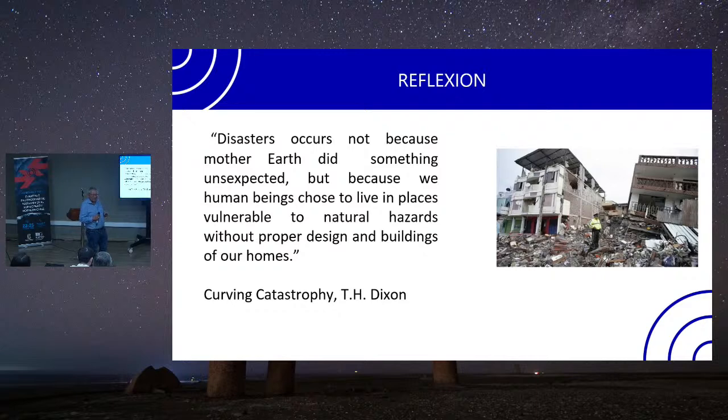So the disaster is not caused by the natural hazards, it's because we didn't take the proper measures to live with them. So I will take any questions if you have any.